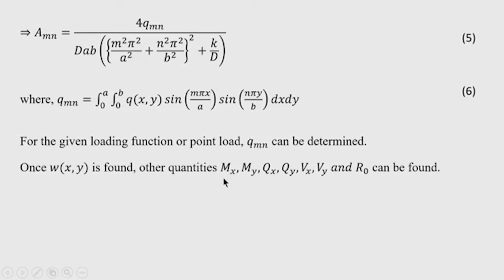Bending moment in the x direction, bending moment in the y direction, shear force along the x axis, shear force along the y axis, and S shear along the x axis, S shear along the y axis, and corner reaction R naught, because there are 4 corners. So, at 4 corners we will get lifting up force. With that formulation, the speciality is that the modulus of subgrade reaction enters into the expression.